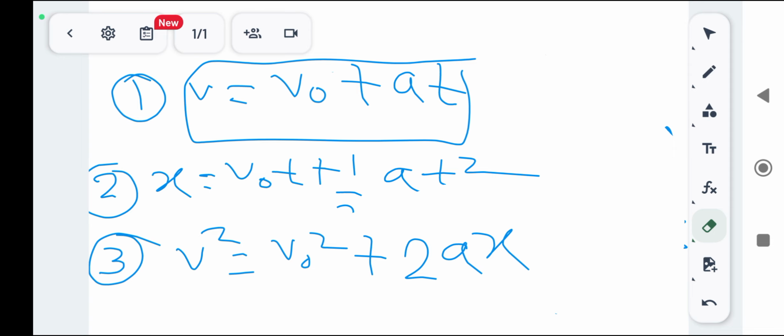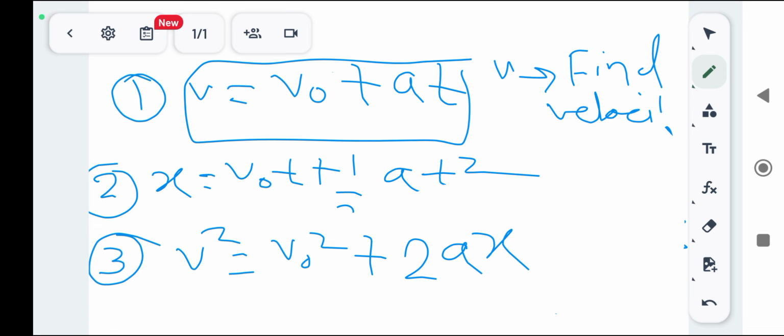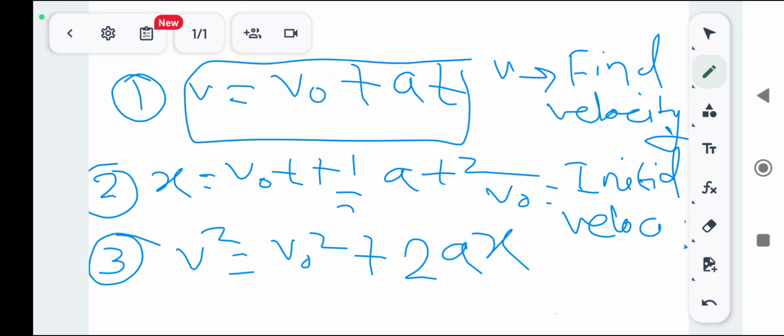Now what is v? Here v is the final velocity, and v0 is the initial velocity, and a is the acceleration.